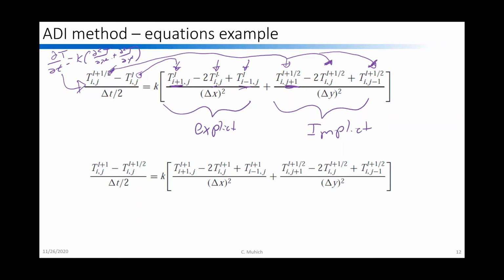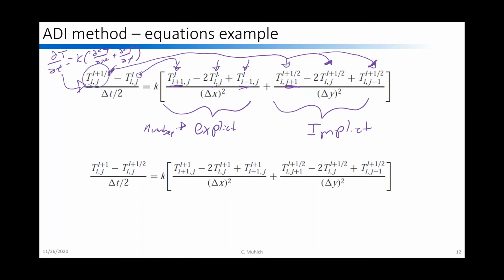So this explicit part, when I solve this out, should just be a number, because I know all of my previous steps. The implicit part needs to be solved for iteratively or linear algebraically, so we can do either Gauss-Seidel or linear algebra to solve for that half step.